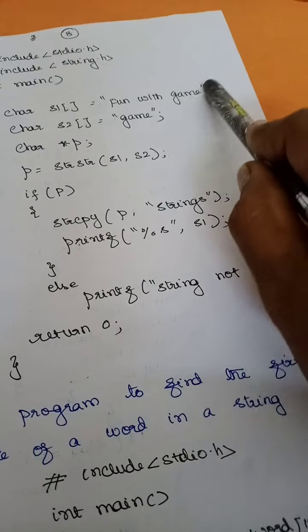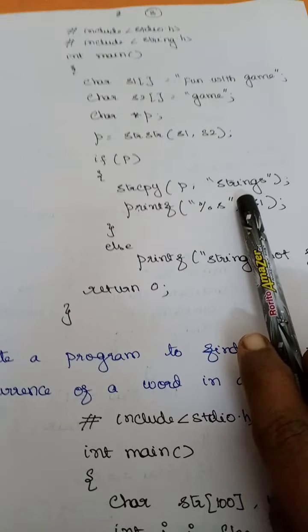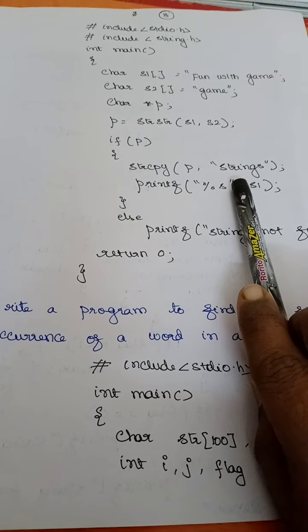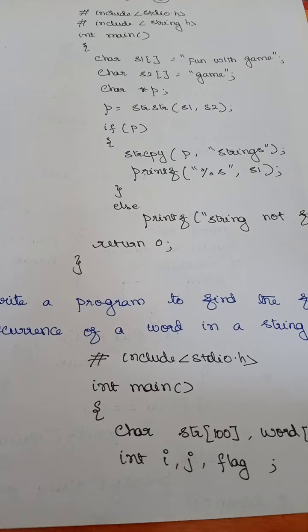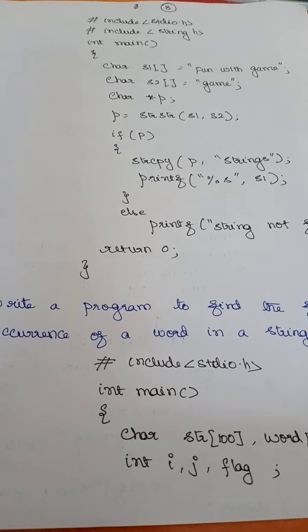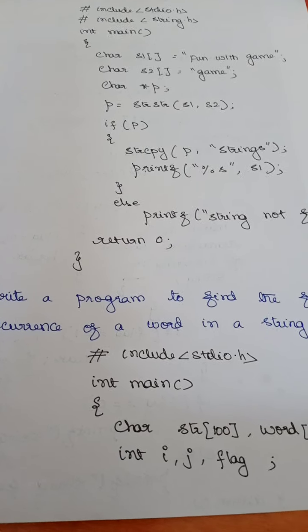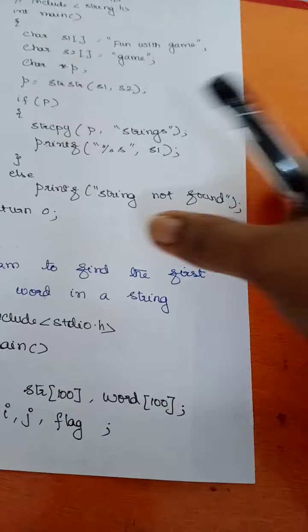In the place of "game", I have replaced it with "strings". Even that I can do with strstr. So I will find out whether the substring is present, and if the substring is present, then in that particular place I can rewrite it with another string. Clear? Right. And next we'll move on to another program.